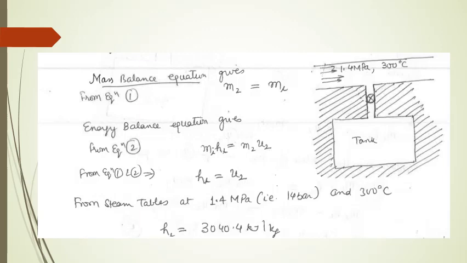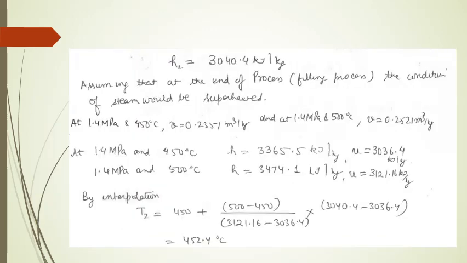Now from steam tables, at 1.4 megapascal, that is 14 bar, and 300 degrees Celsius, we get the value of Hi is equal to 3040.4 kilojoule per kg. Now we assume that at the end of the filling process, the condition of steam would be superheated.